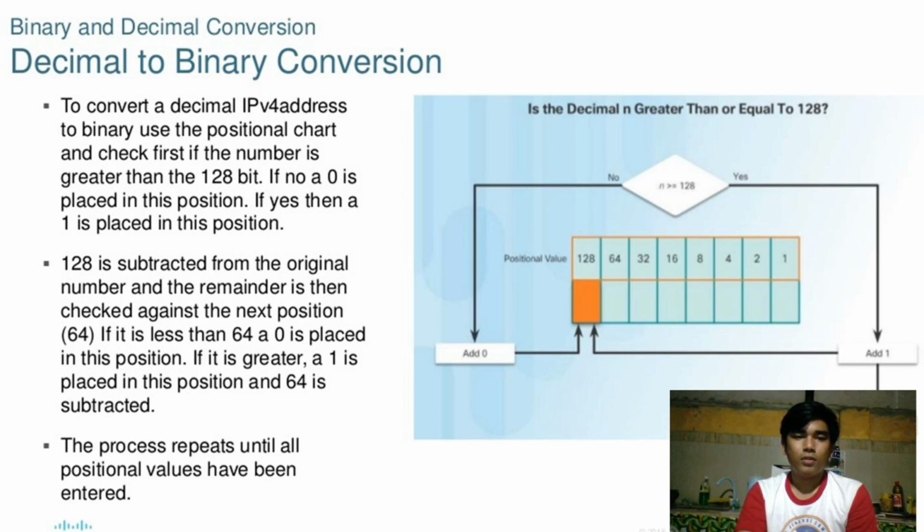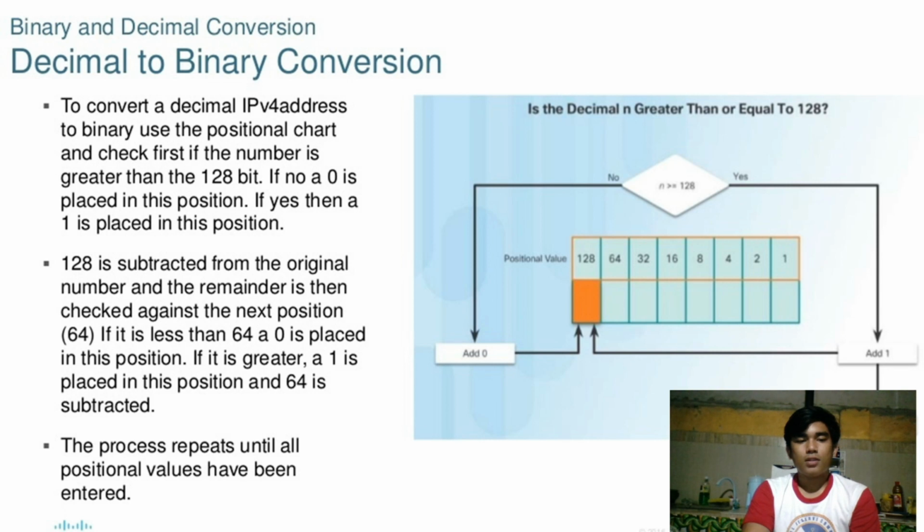So, decimal to binary conversion. To convert the decimal IPv4 address to binary, use the positional chart. Check first if the number is greater than or equal to 128. If no, a 0 is placed in this position. If yes, then a 1 is placed in this position. So 128 is subtracted from the original number, and the remainder is then checked against the next position, 64.